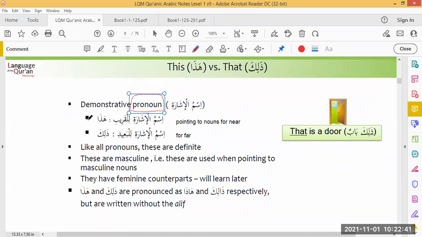So haza and zalika are also definite, marifa. These are masculine. Haza and zalika we use for masculine nouns, masculine singular.